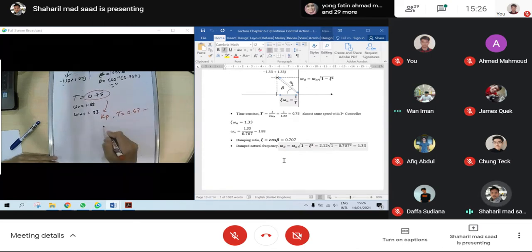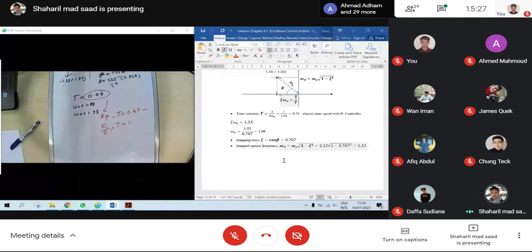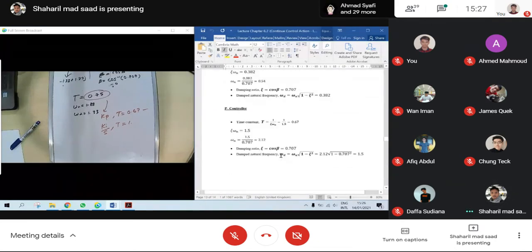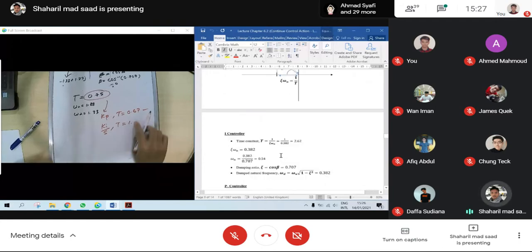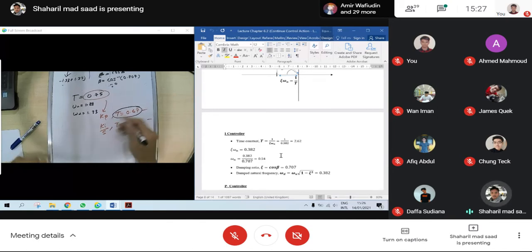And if we only put the integral, we got 2.62. So the fastest time response is when you only put the proportional. We discussed the time constant 0.67. This one will be the fastest one.